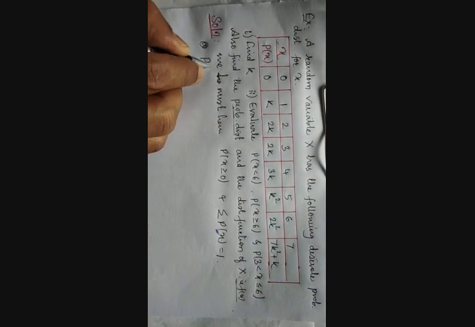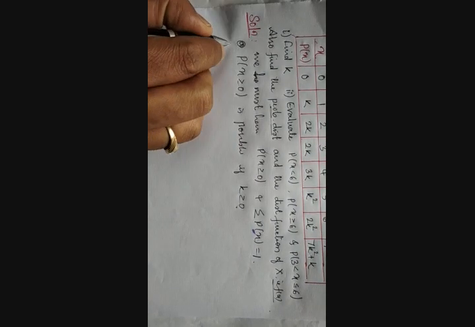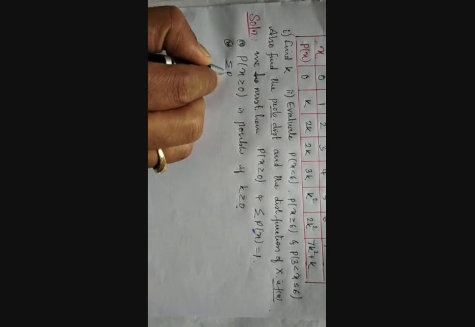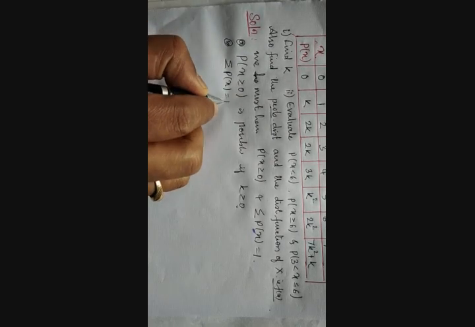So probability of x greater than or equal to 0 is possible if k is greater than or equal to 0. But right now we don't know the value of k. Next, the second one: summation of probability of x must be equal to 1.